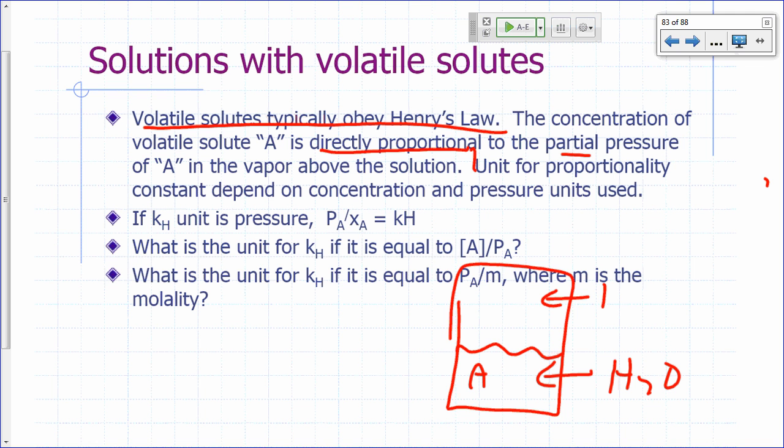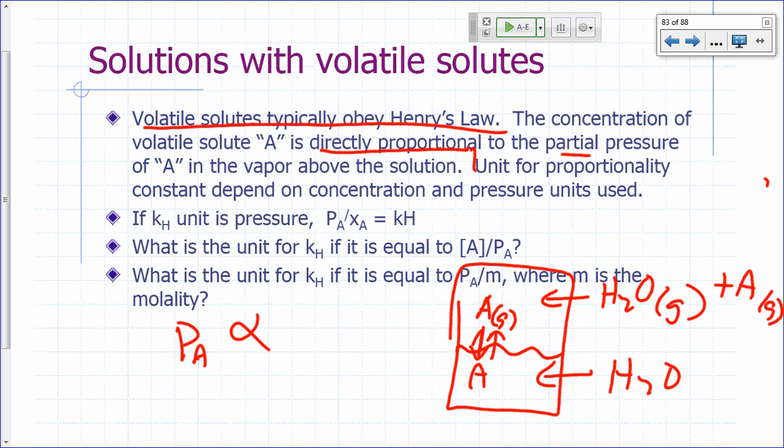So you're going to have water vapor here in equilibrium and gaseous A, so you have A gas in equilibrium with A in aqueous solution.